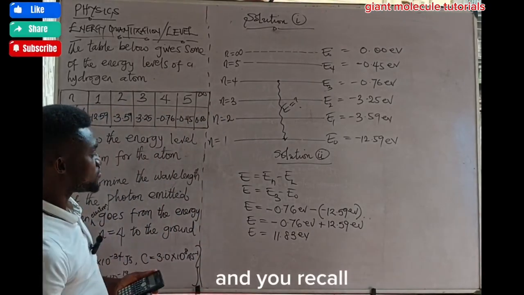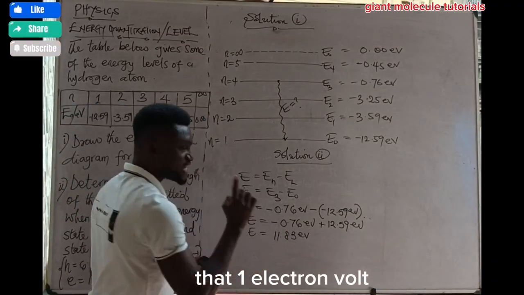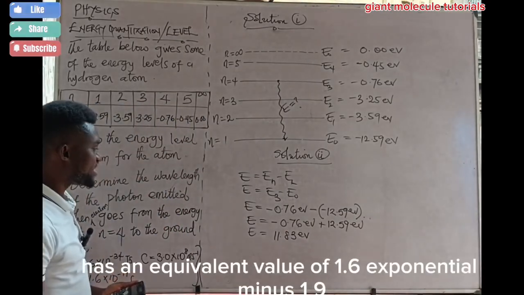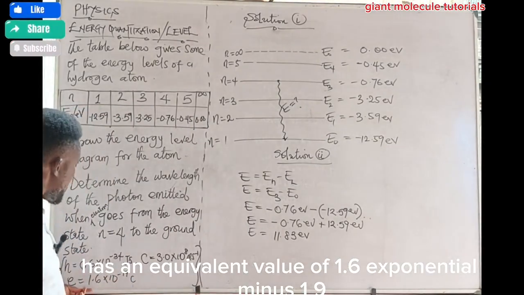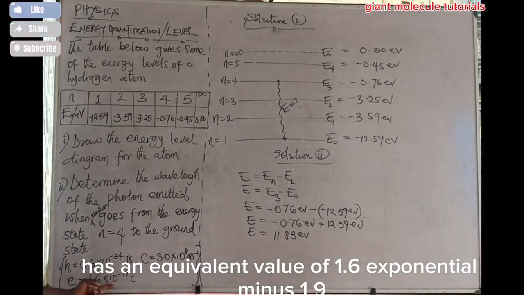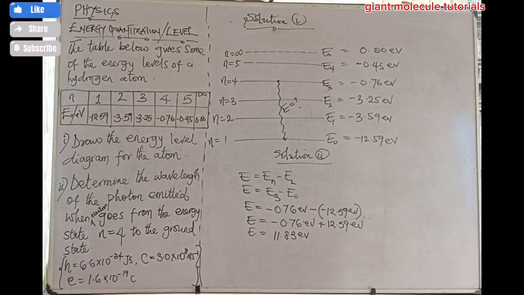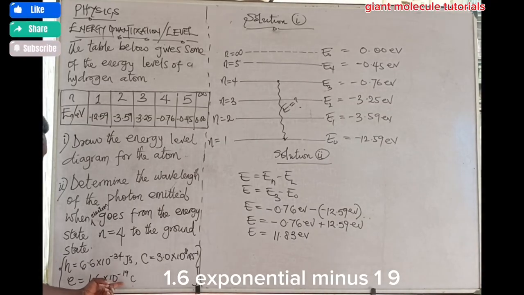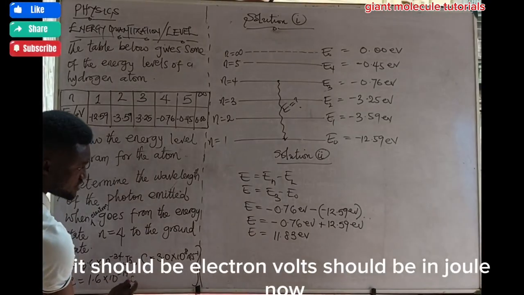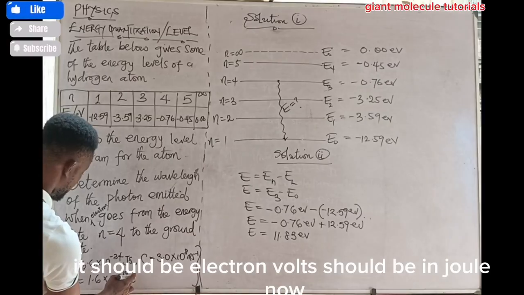And you recall that 1 electron volt has an equivalent value of 1.6 times 10 raised to the power minus 19 joule. It should be in joule now.